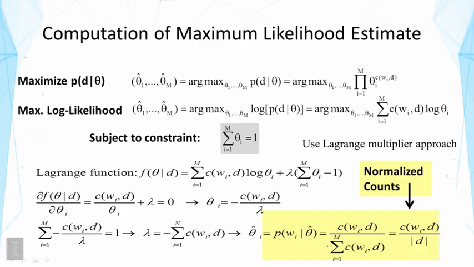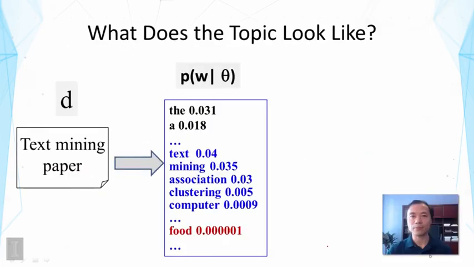In general, the estimate will be to normalize counts, and it's just sometimes the counts have to be done in a particular way, as you will also see later. So this is basically an analytical solution to our optimization problem. In general, though, when the likelihood function is very complicated, we're not going to be able to solve the optimization problem by having a closed form formula. Instead, we have to use some numerical algorithms, and we're going to see such cases later also.